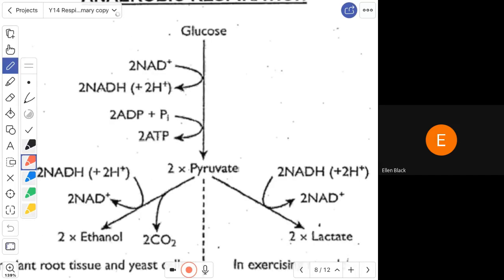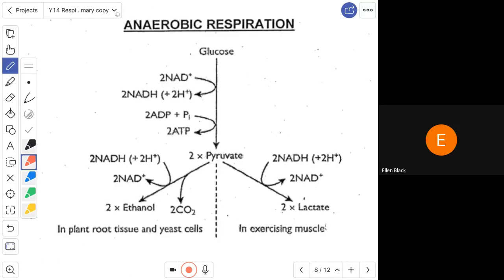So this is on this sheet that I gave you, and it just summarizes what we've said. Glucose to pyruvate. We've got our 2 NADH being made. Now, it's not a great diagram, but it was just in the middle of it. Because this is the same molecule, this is the NADH.